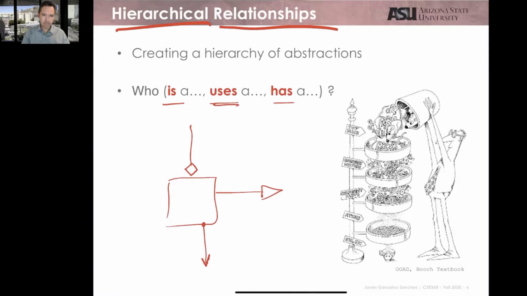Obviously, we need to think about whether it makes sense for one class to have another, or whether maybe using is the relationship that we need to create. We talk about this idea: professor, computer, student.